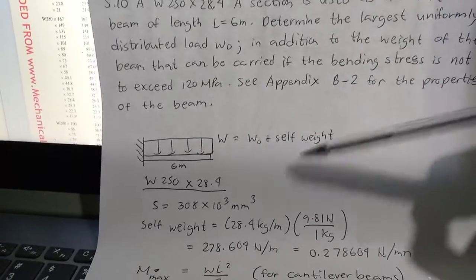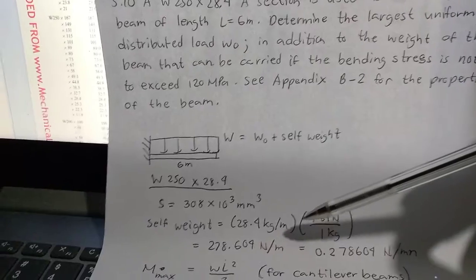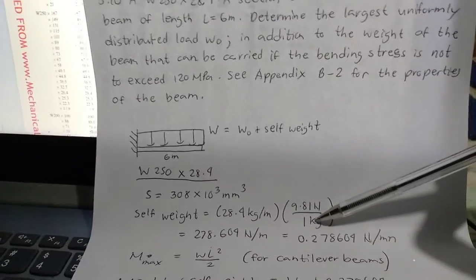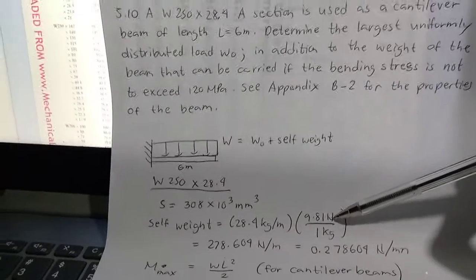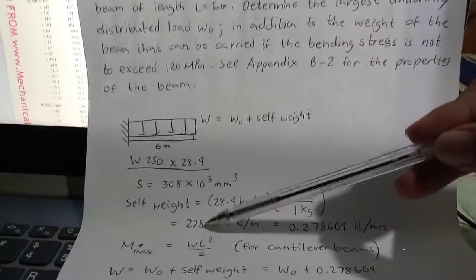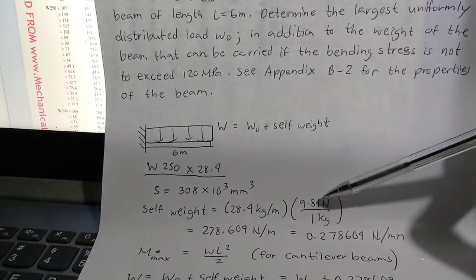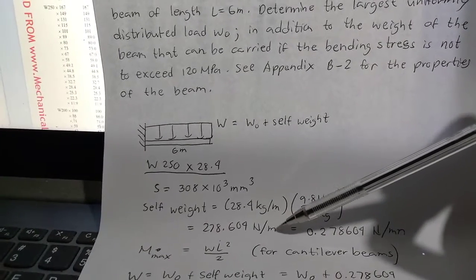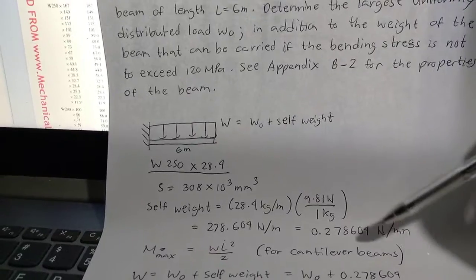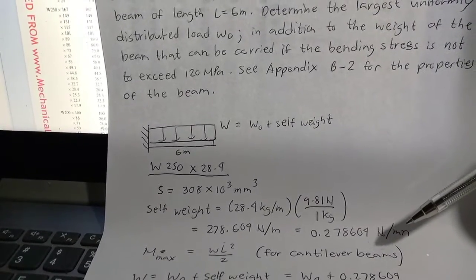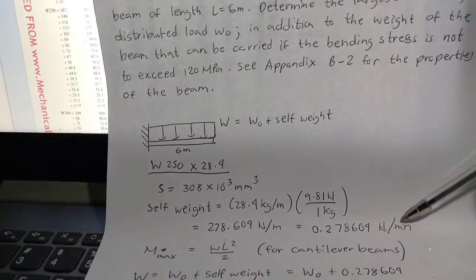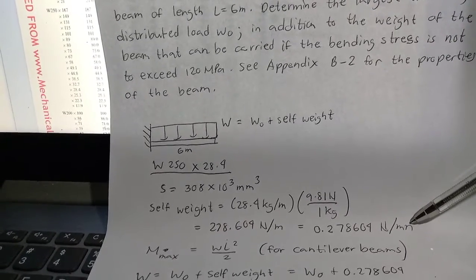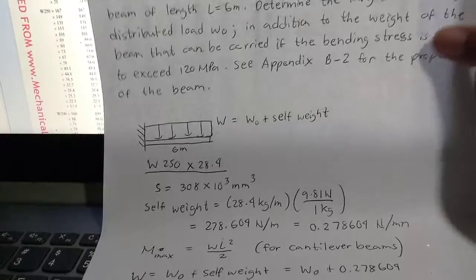To compute the self-weight in Newtons, we multiply by 9.81 Newton per kilogram, since 1 kilogram is equivalent to 9.81 Newton of force. We get 278.604 Newton per meter, or 0.278604 Newton per mm. We use Newton per mm so that we have uniform units of Newton and millimeter as we go on with the next formula.